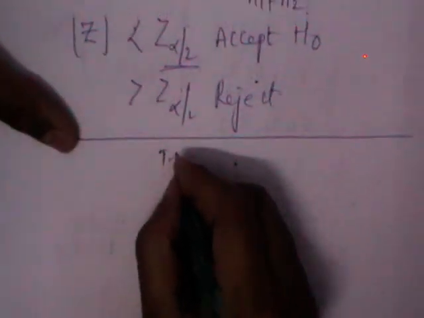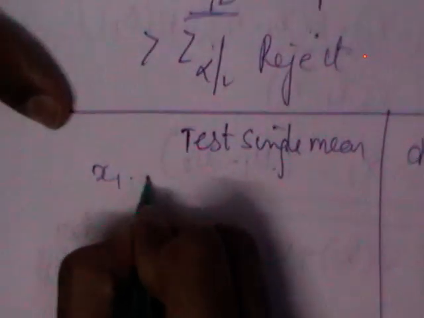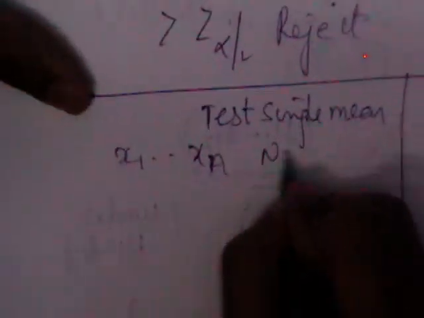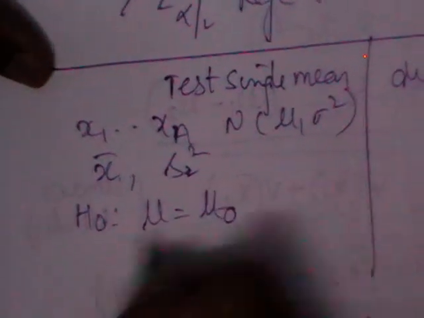What we have discussed here: test for a single mean, and test for difference of means. For the single mean, you should describe only one sample from one population, x bar, and the corresponding variances. Write H naught: mu equals mu naught, and H1: mu not equal to mu naught.